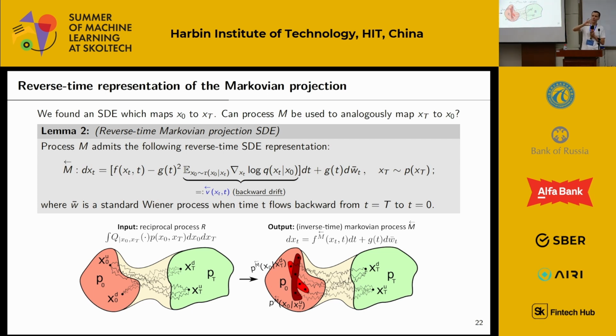If you have a forward stochastic differential equation, then it is not that easy to write down a backward stochastic differential equation, where the time flows back from capital T to 0, and you do translation from the second domain to the forward domain, for the input domain.